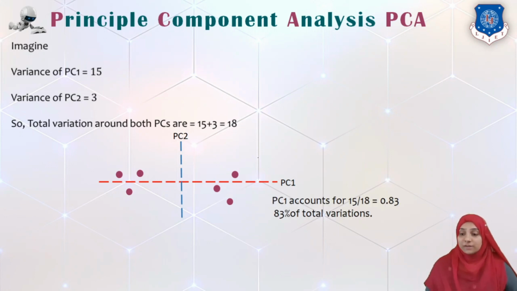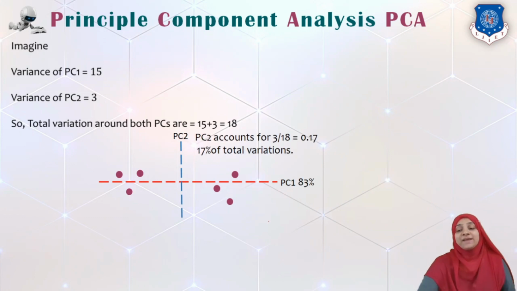Principal component 1 accounts for how much variation? Out of 18, 15 units are covered by the variance of PC1, which is 83%. The remaining 17% of variation is covered by principal component number 2, that is 3 out of 18, which is 0.17.